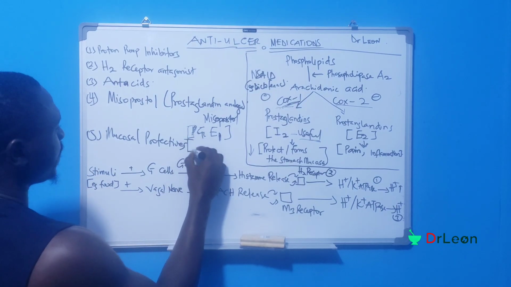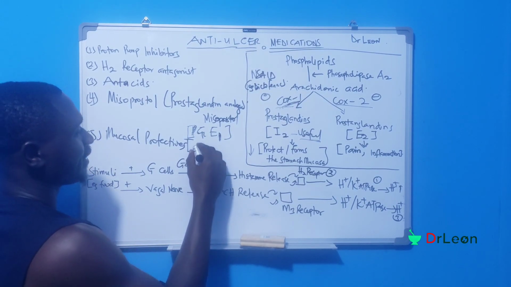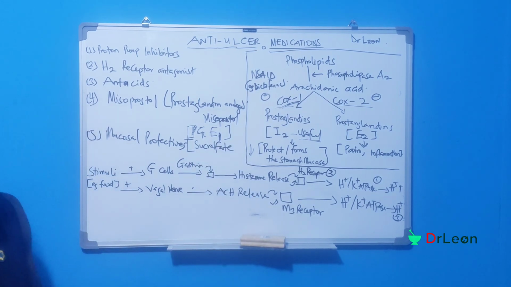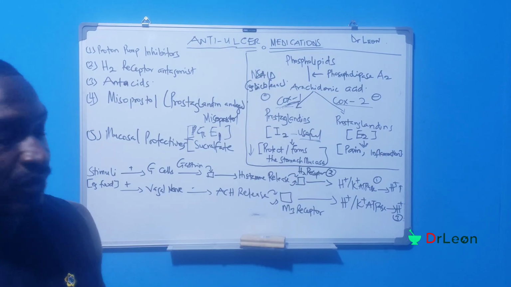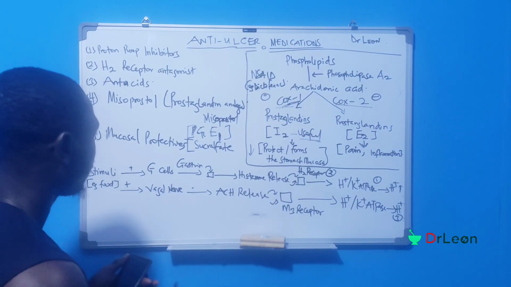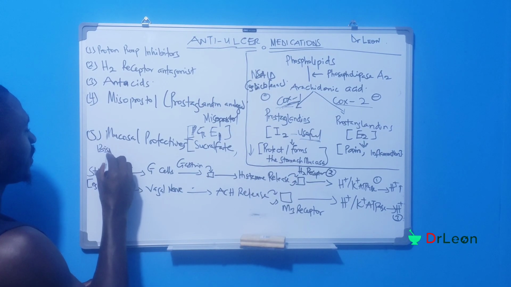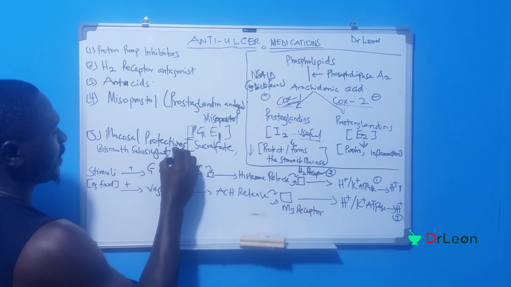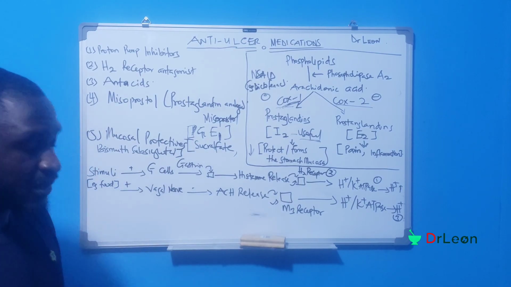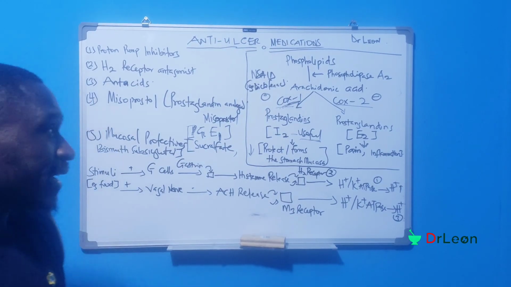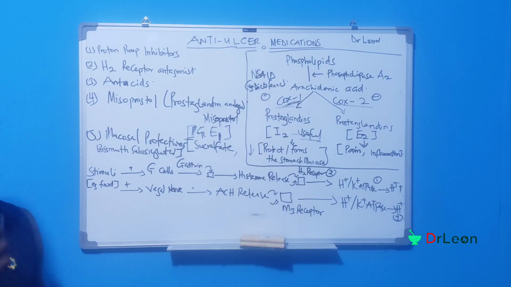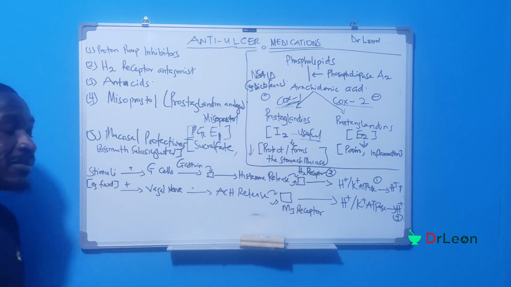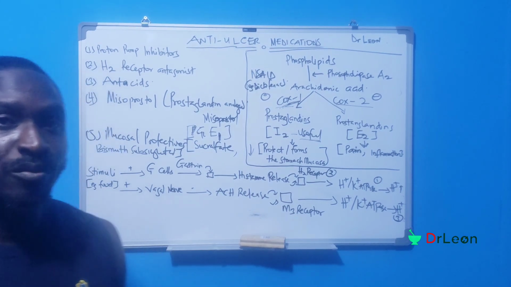And you know them. One example is the sucralfate. This is seen in a medication that we call sucralfate O-gel. We also have the bismuth subsalicylate. They also form a protective layer, but they are also able to kill H. pylori. And this medication, this bismuth subsalicylate, is normally found in Pepto-Bismol.